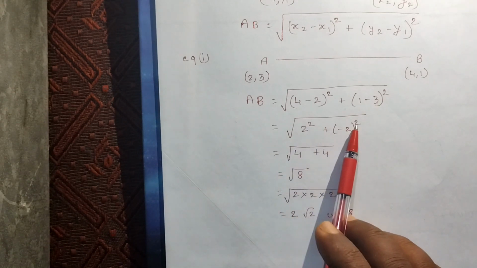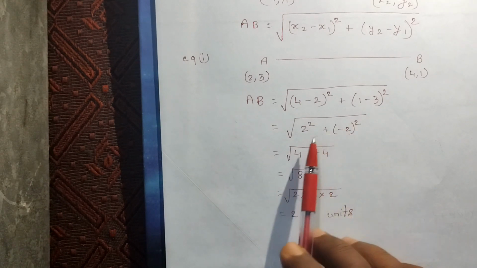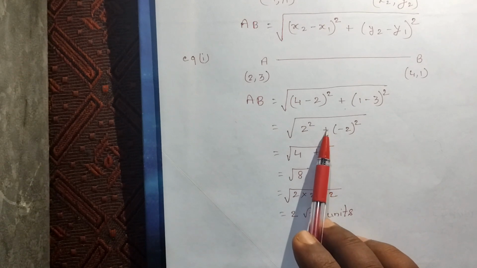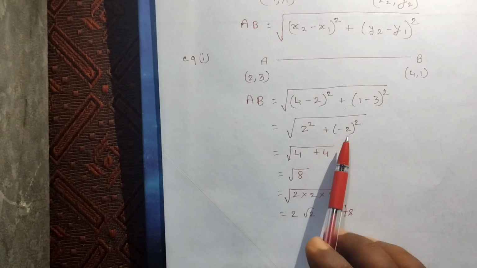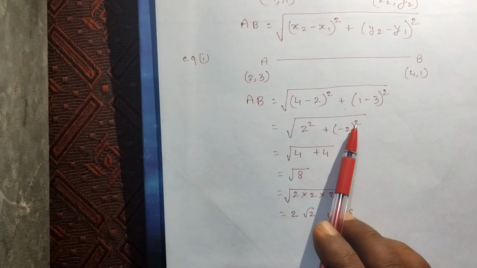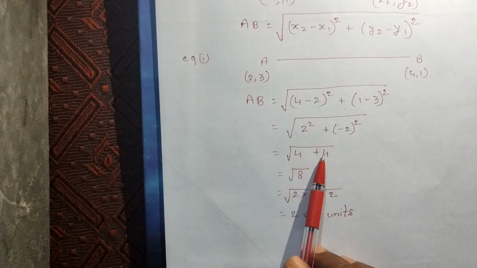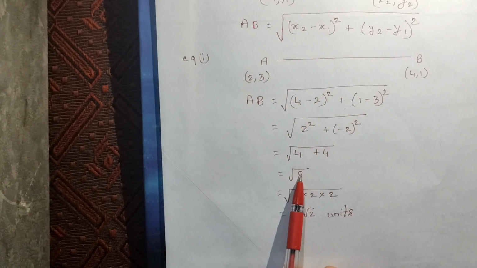You have to put a square on both these two integers. A square of 2 is 4. Again, we put here a plus sign. A square of minus 2 is also 4. Now it becomes 4 plus 4, which is equal to 8.